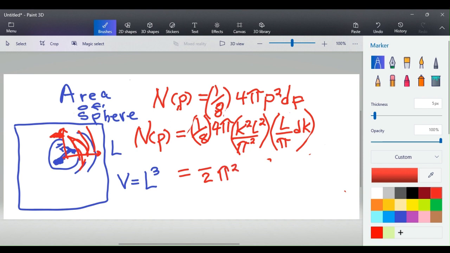The k squared on the top remains. And we've got an L cubed. And I guess that's it. And that's dk.